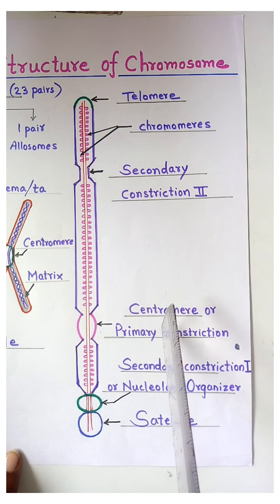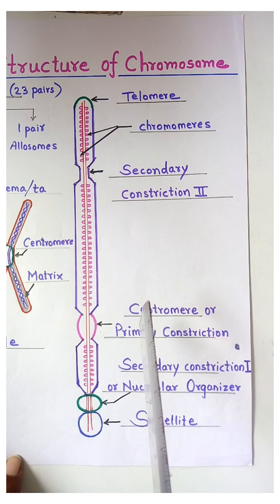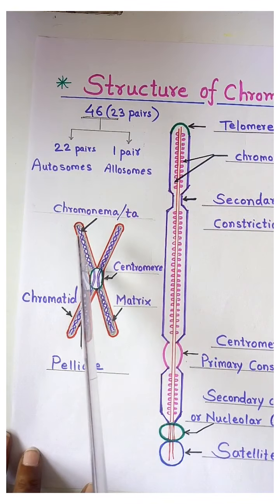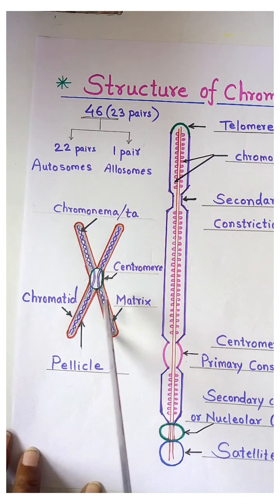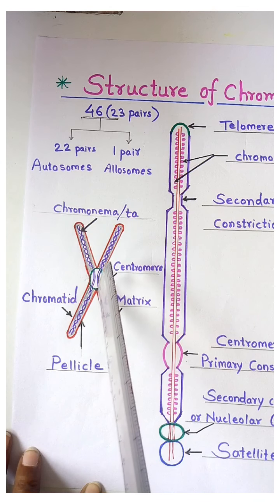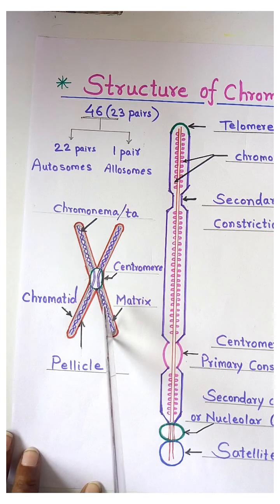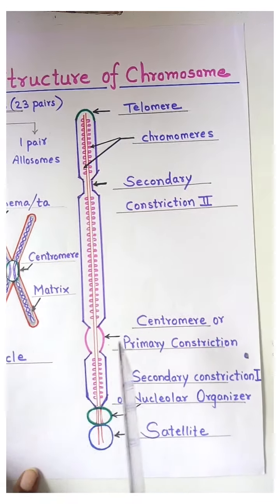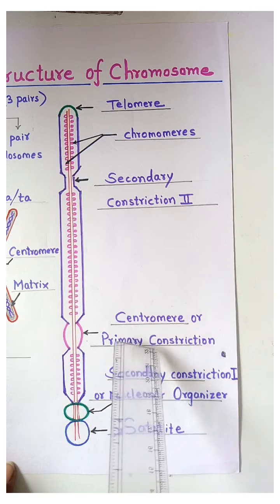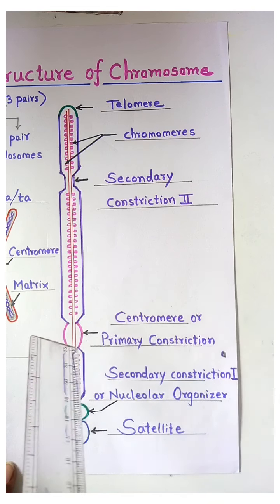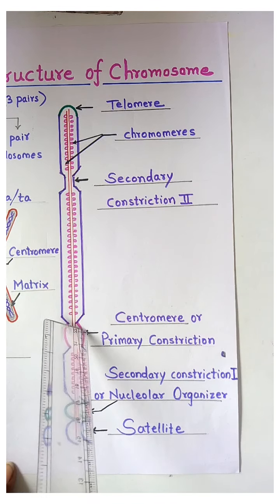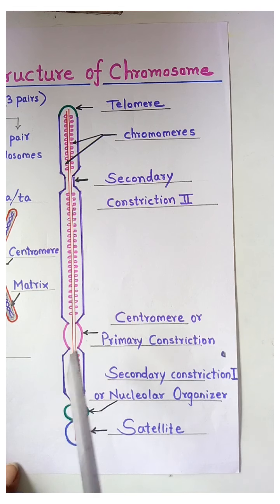The centromere helps to join the chromatids. These are the chromatids and this is the centromere. So with the help of this centromere, the chromatids are joined with each other. Centromere or primary constriction is nothing but a narrow region which is present in the chromosome.